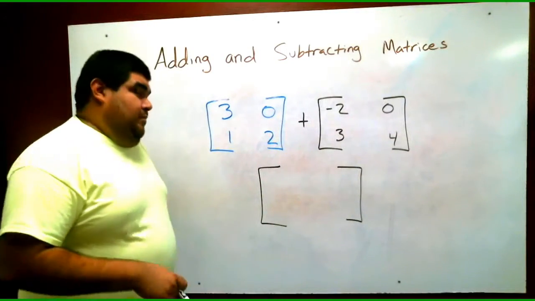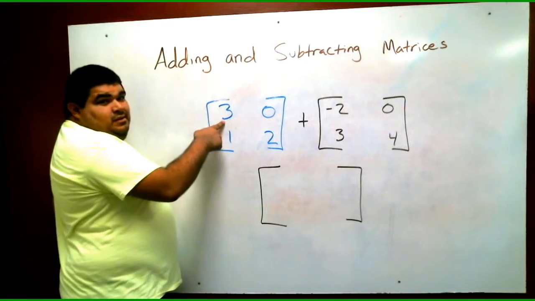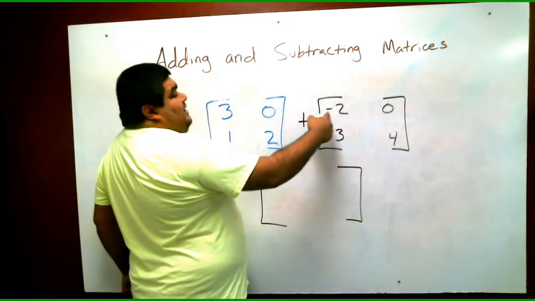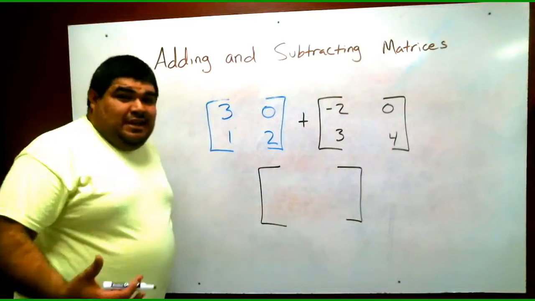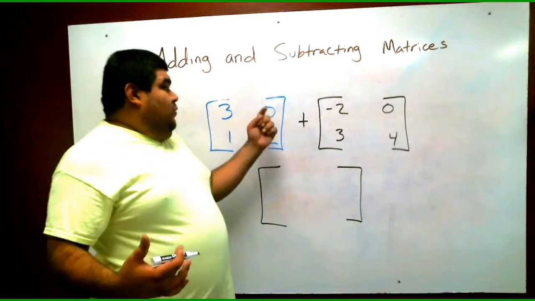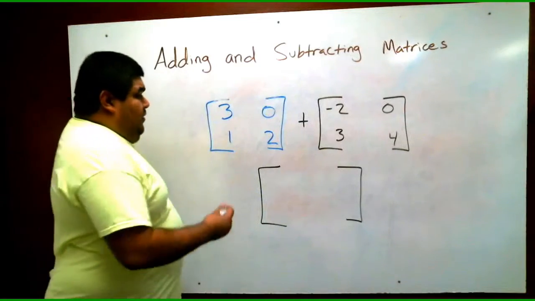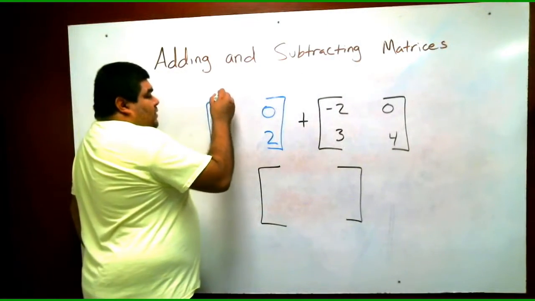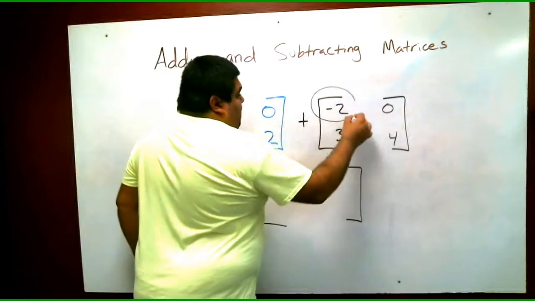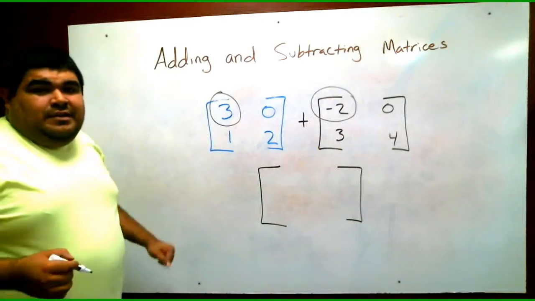For example, we have 3 plus negative 2. Notice that one's negative. We have 3, in other words, 3 minus 2. So 3 minus 2 is 1. Notice that they're both on the corner, on the left side corner.